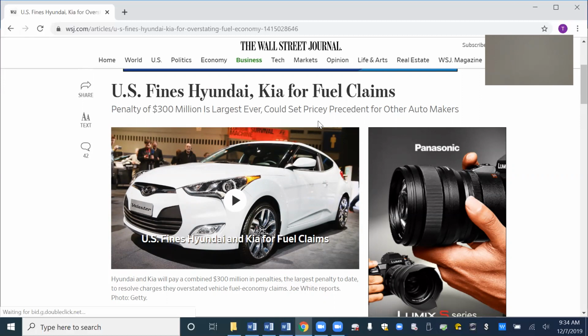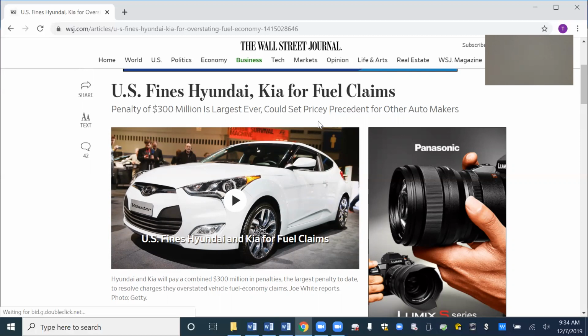But the sad part was Hyundai and Kia had been doing a terrific job, and J.D. Power had said that they were pretty close to a Lexus on first-year quality and first-year satisfaction of the buyers. So they really didn't need to do it, and they screwed up.